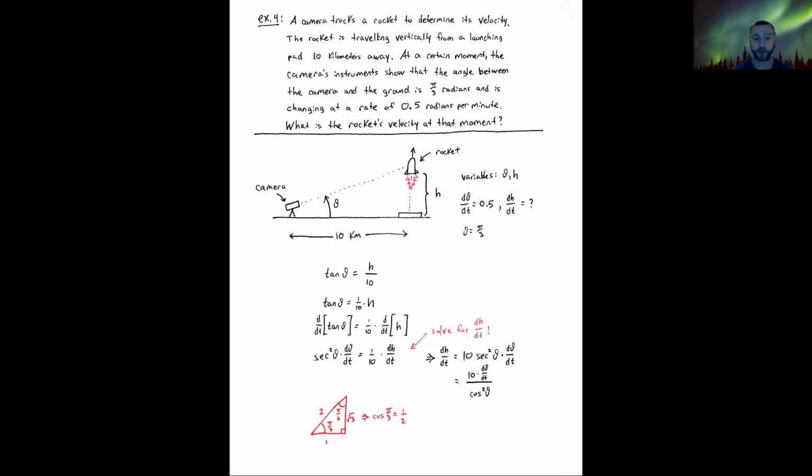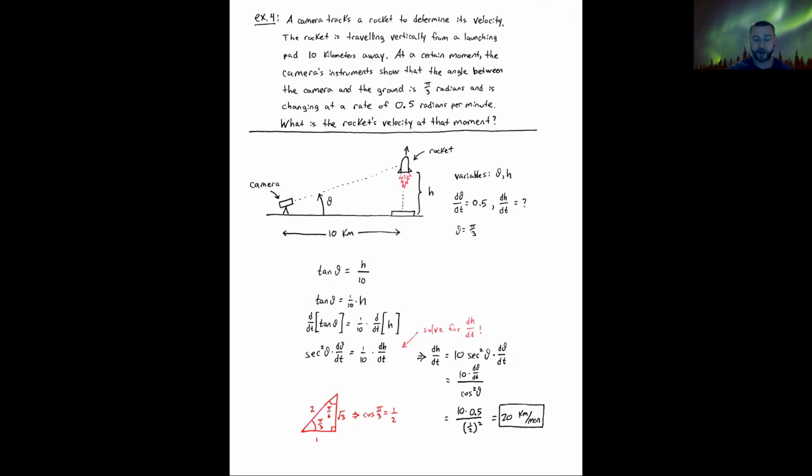If you apply SOHCAHTOA to the angle in the lower left corner, cosine of pi over 3 will be the adjacent side, 1, divided by the hypotenuse, 2. So you should find cosine of pi over 3 has the value 1/2.